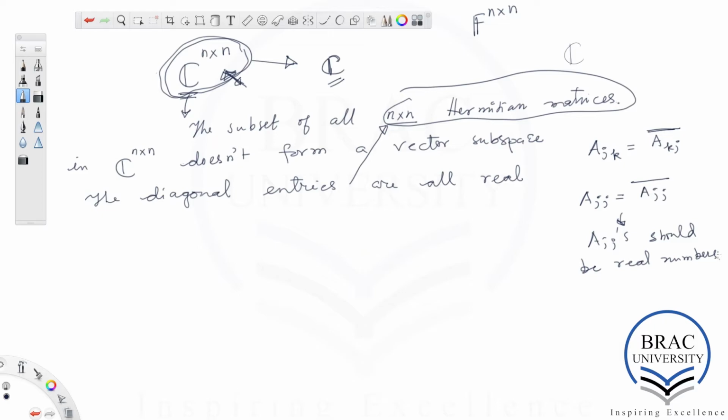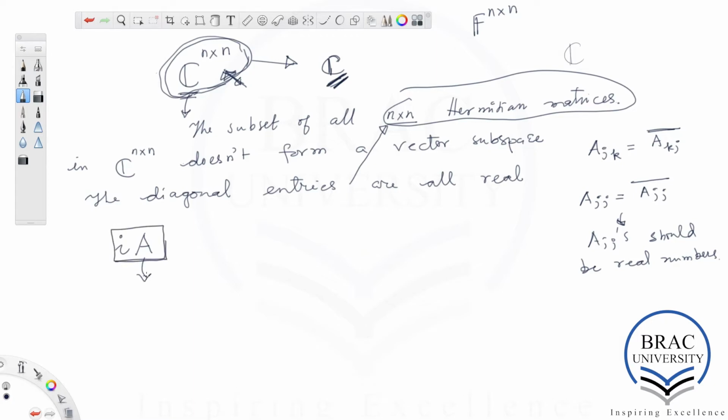Okay, what happens when I take the n times n Hermitian matrices as a subset of this vector space C to the n cross n, where the scalars are taking values from this field C. So I take the scalar I and multiply it with the Hermitian matrix A. And what are the diagonal entries of this matrix?